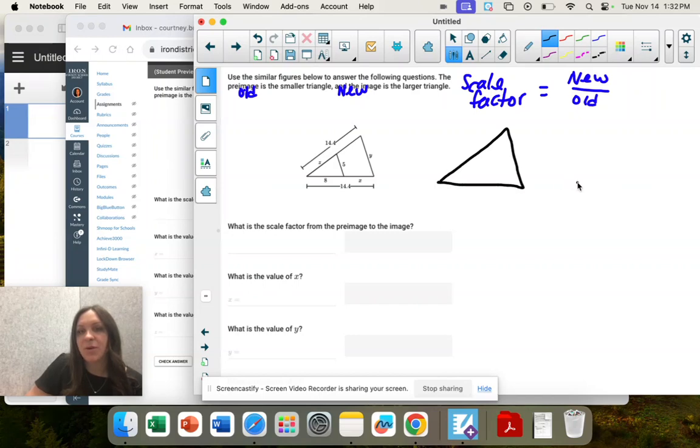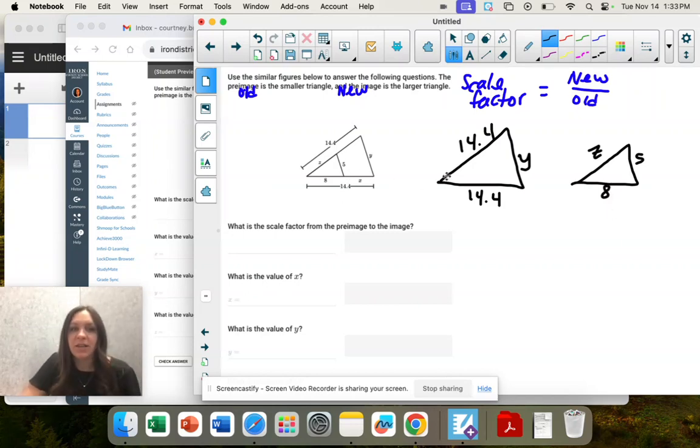And then we have the small triangle, which I'm going to redraw just so I can see them separately. So my big triangle, this is y, and then 14.4 and 14.4. And my small triangle, this is z and 5 and 8. And x is there. I'm going to look at that one later.